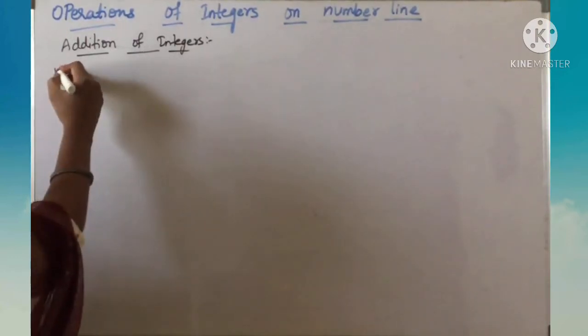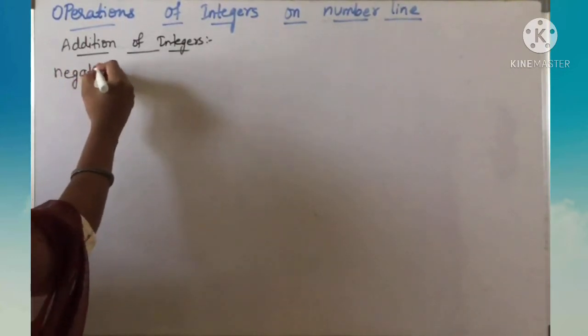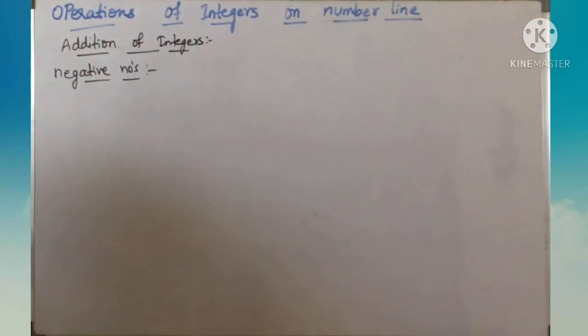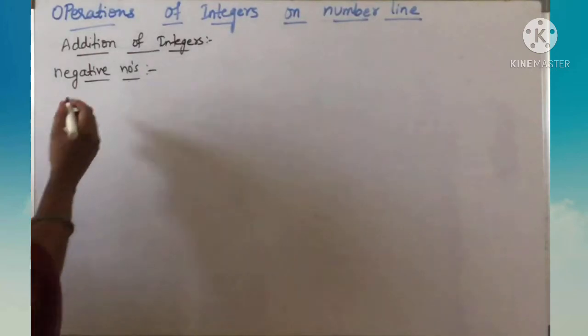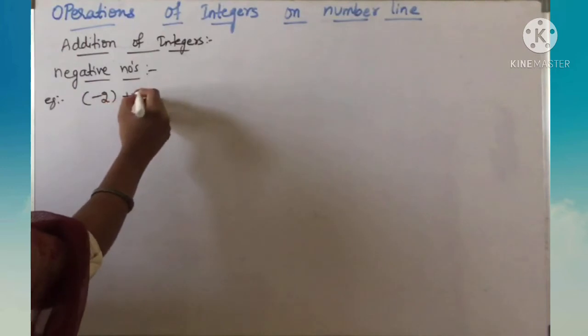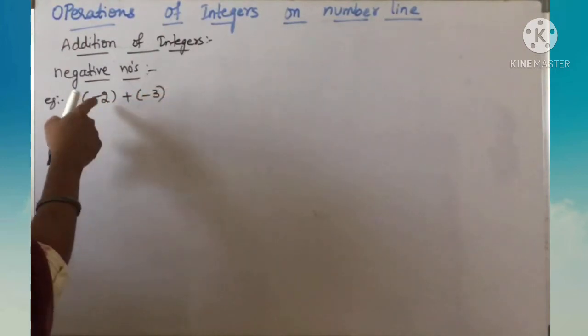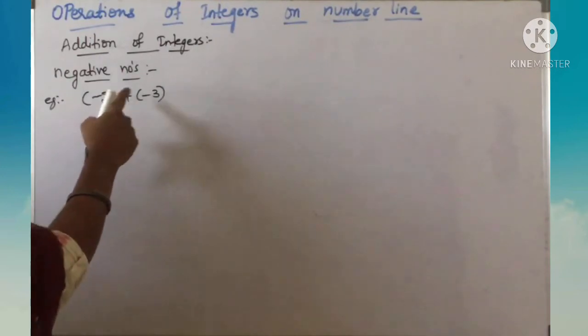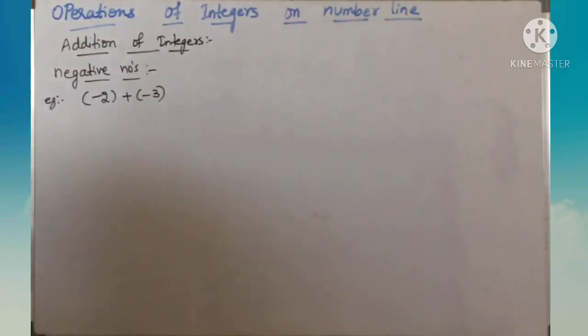Next we are going to consider addition of negative numbers. Right? When we add two negative numbers, the result will always be negative. Right? For example, minus 2 plus minus 3. Here I am adding minus 2 with minus 3. Here minus 2 is a negative number and the second number minus 3 is also a negative number.